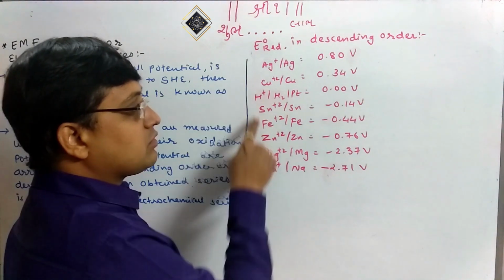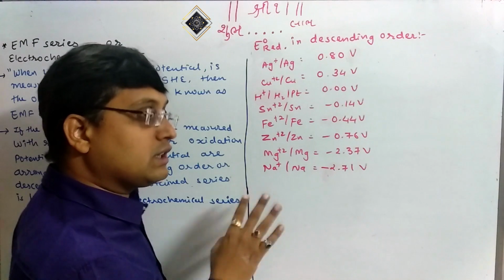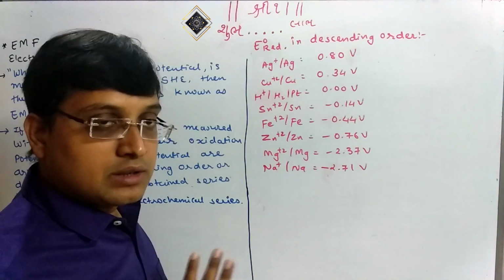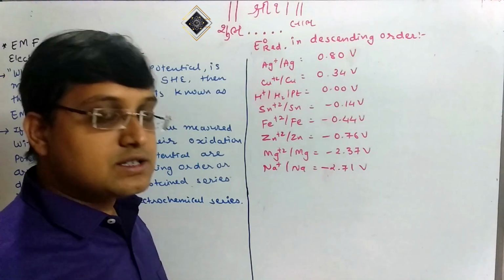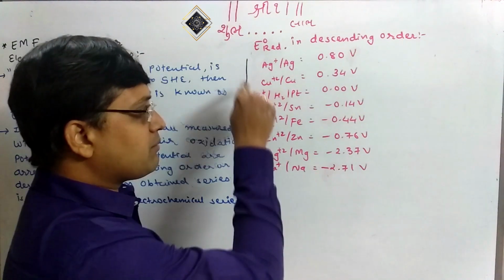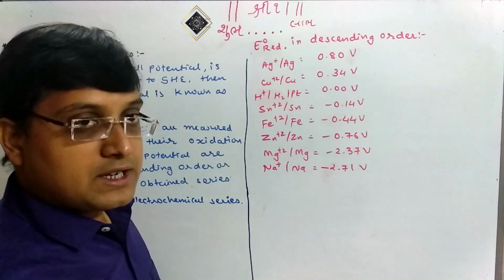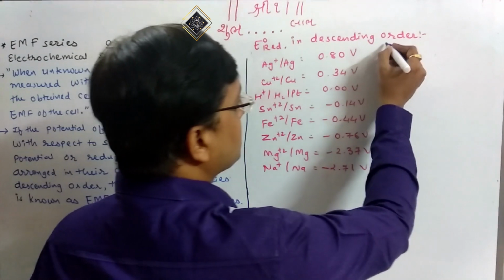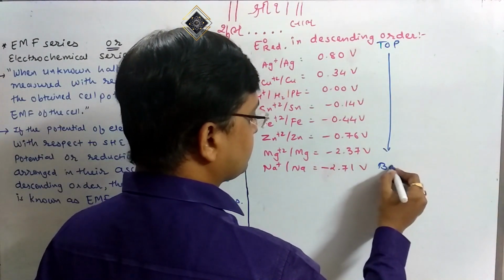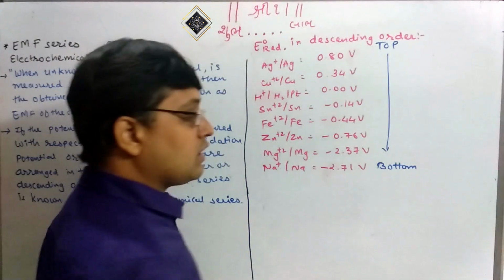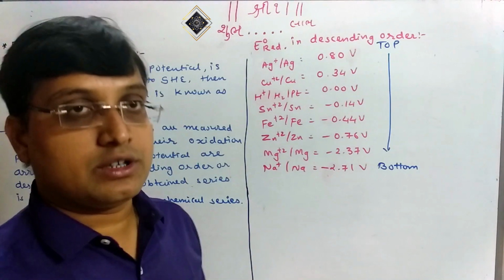In an exam, if you write out this one, it's okay. If you don't write it down, that is also okay. But from my side, I always insist the students write down a few examples out of them. Clear? And always mention the direction, that here I am mentioning top to bottom, because to write the characteristics of the EMF series, this one is very important.